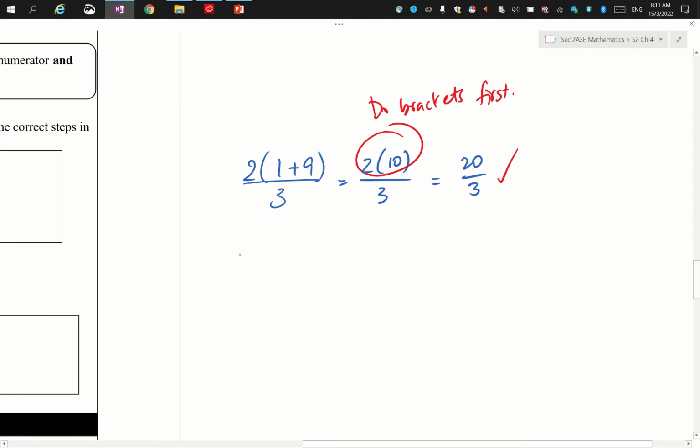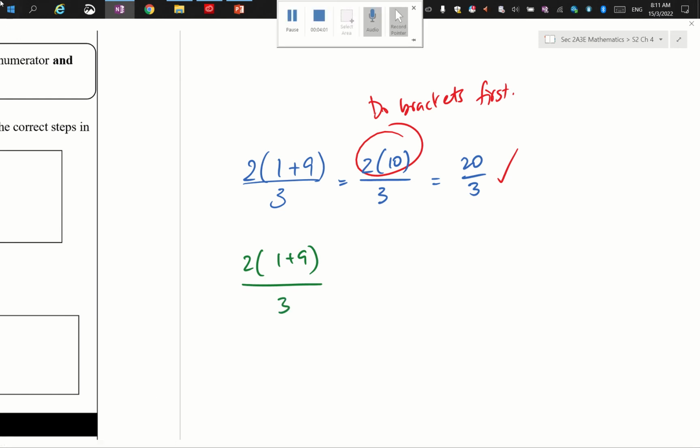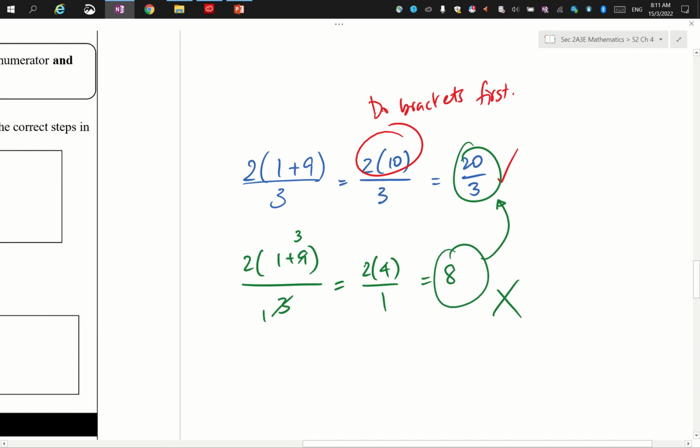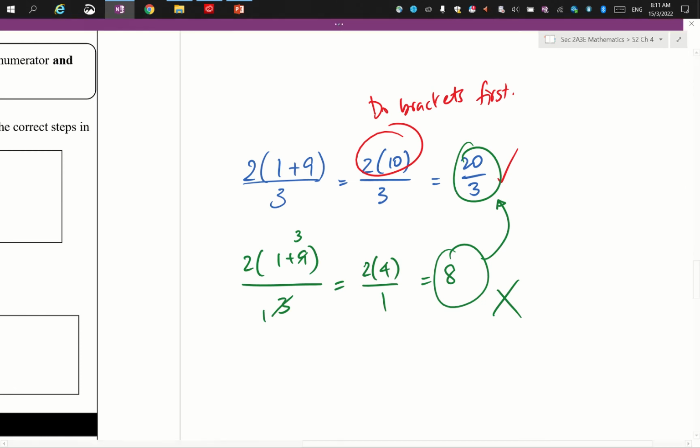So what happens if we try and cancel the 9 and the 3? This is what's going to happen. 9 and 3 divided by 3, we result in 3 and 1. So this will give us 2 times of 4, which is 8. And clearly, these two are different values. We know that the second one is wrong. But why is the act of cancelling the 9 and the 3 wrong?